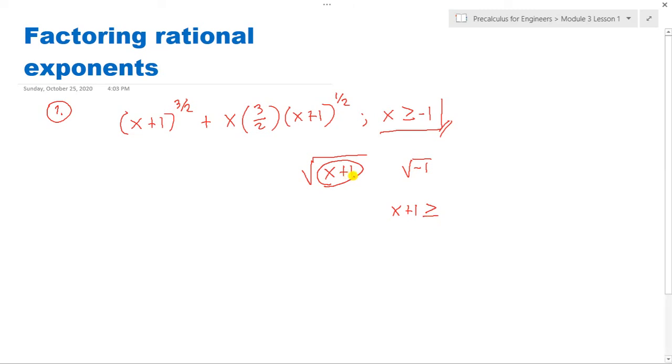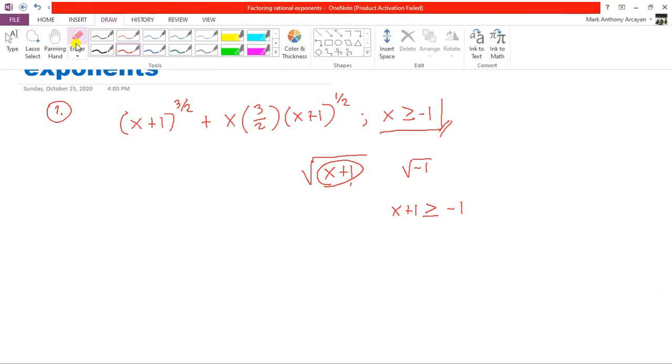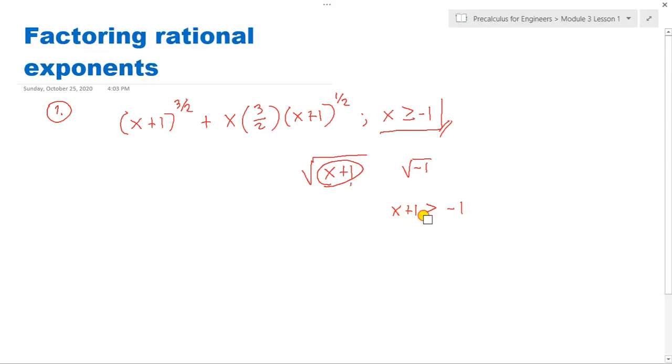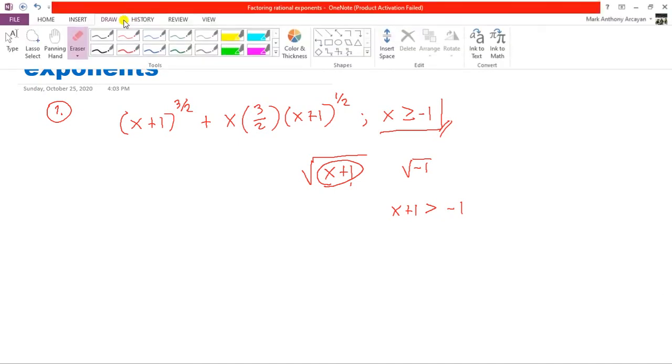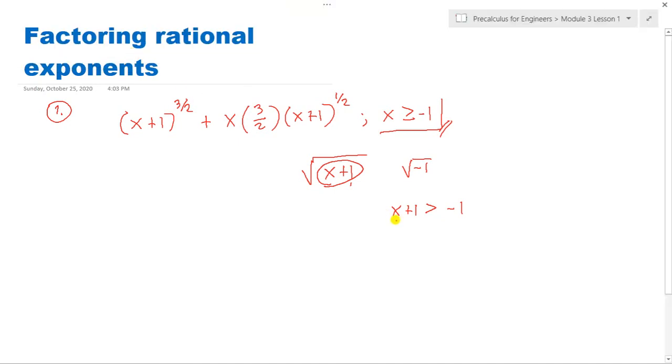Let's say I put here negative 1. Actually it should be greater than only, class, because equal to negative 1 is also not allowed. So greater than only. The answer inside must be greater than 0. To do this, transpose the negative 1. So x is greater than negative 1 minus 1. So x should be greater than negative 2.